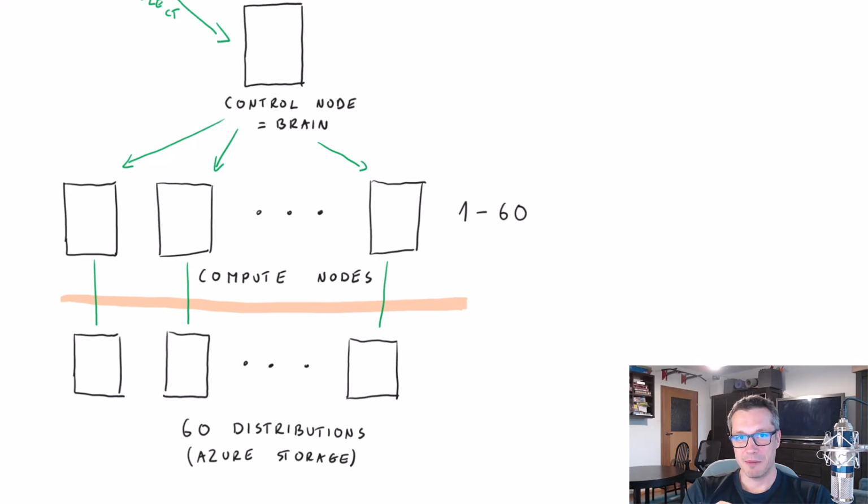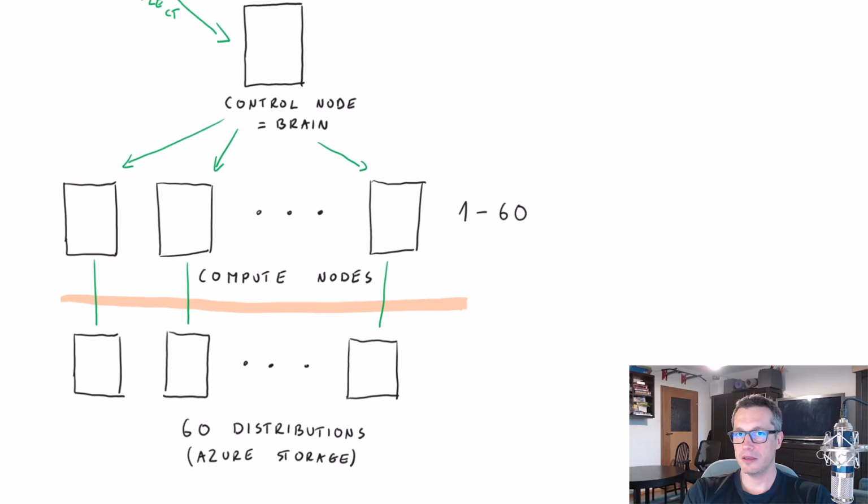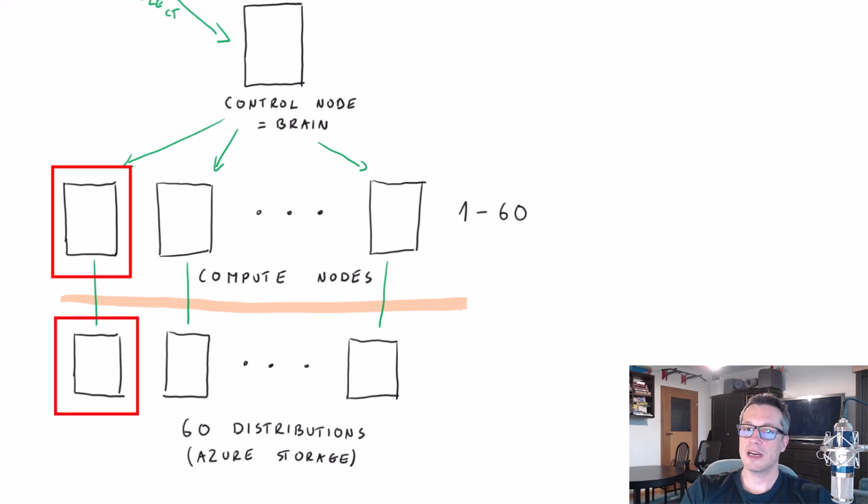And now, the important thing is this link between compute node and distribution, this association. Because ideally, what we would like to have is a situation when the query that is sent to the specific compute node can be satisfied with the data that is stored on its associated distribution.